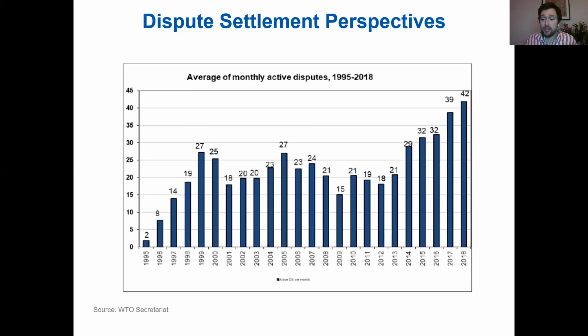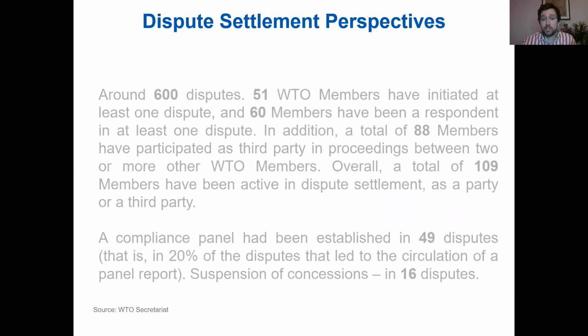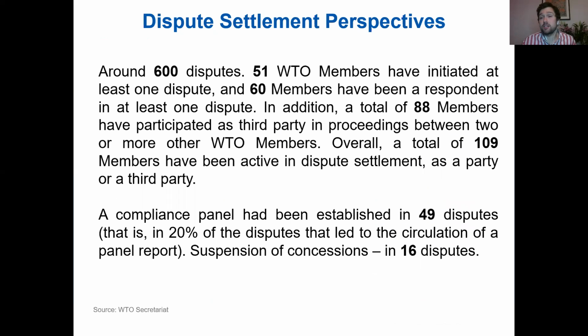And just some basic statistics, as of today we have around 600 disputes. The other figures are maybe a little older, so they may be higher now. These are the figures of maybe 2018, but you may see that a lot of members have initiated at least a dispute.